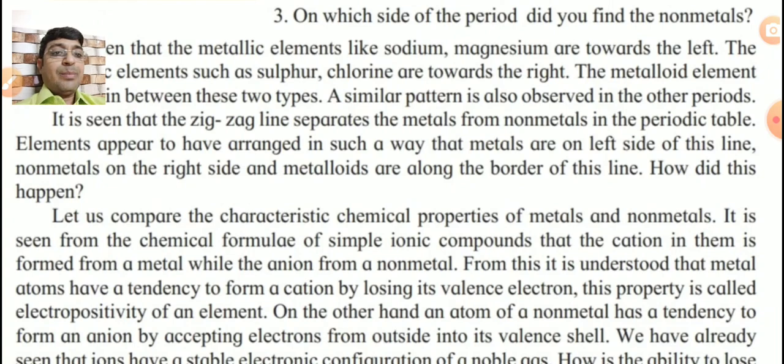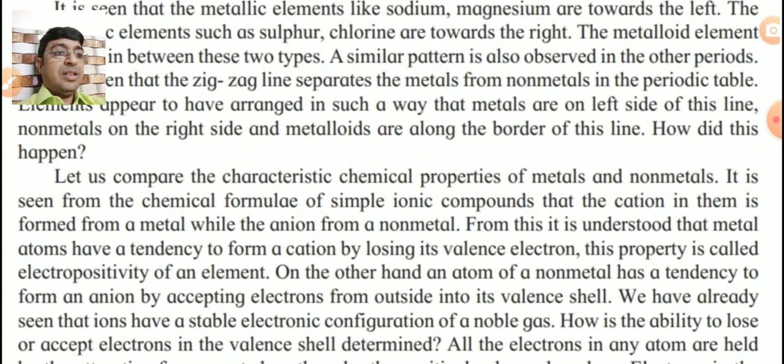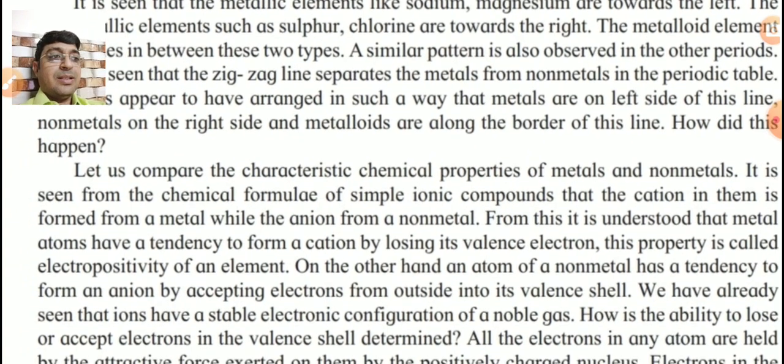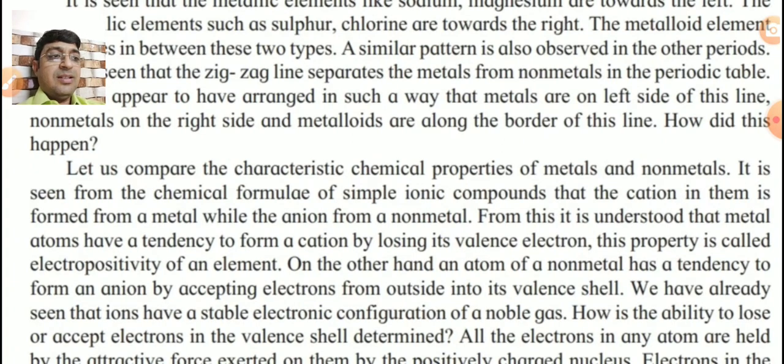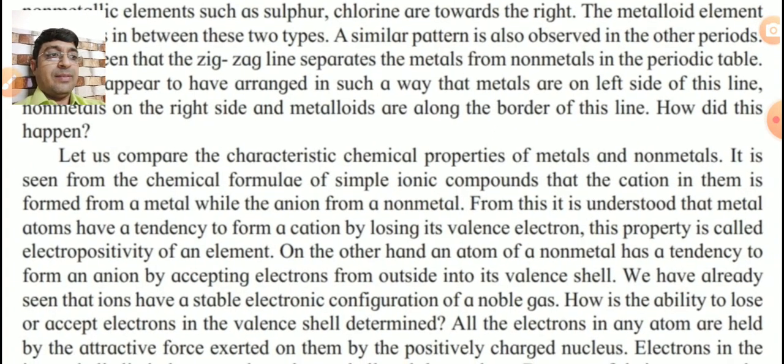Now let us compare the characteristic chemical properties of metals and non-metals. Last year also we learned some properties. Now see, it is seen from the chemical formulae of simple ionic compounds that the cation in them, cation means what? Positively charged ion. How does that cation form?